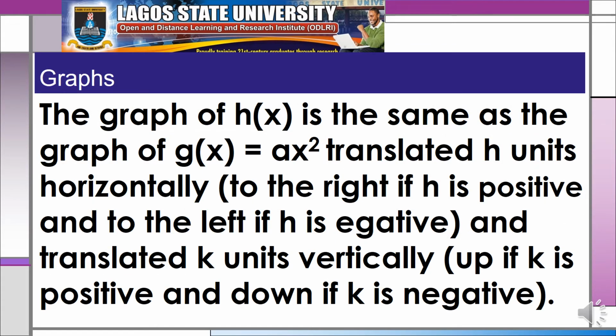The graph of h of x is the same as the graph of g of x equals ax squared translated h units horizontally to the right if h is positive and to the left if h is negative, and translated k units vertically up if k is positive and down if k is negative.